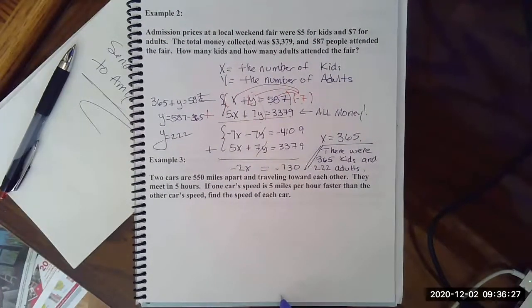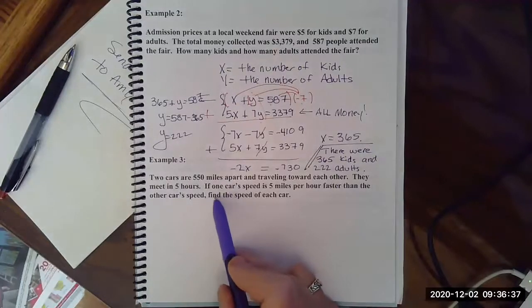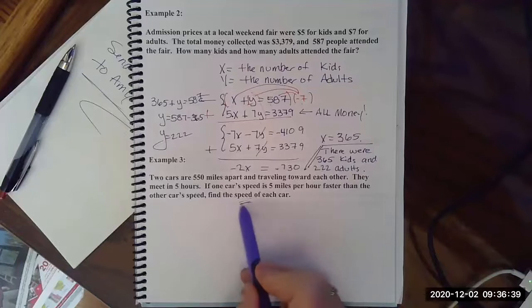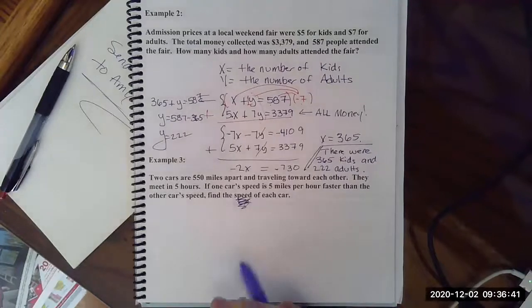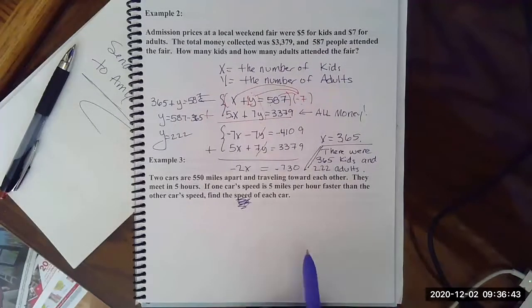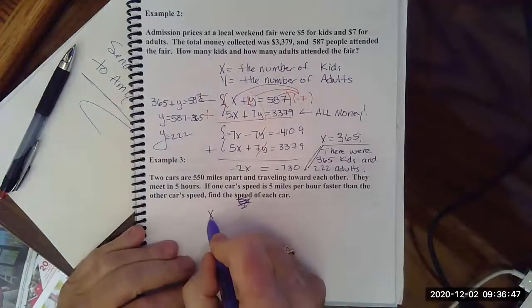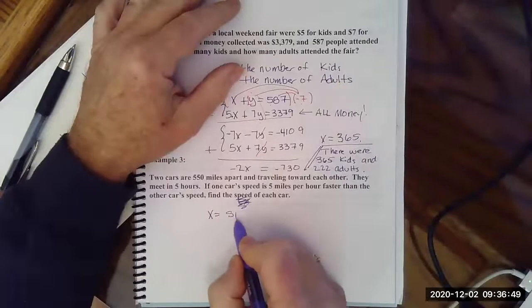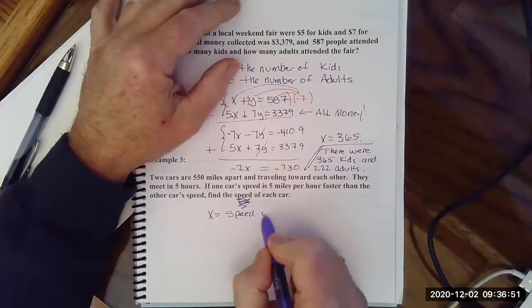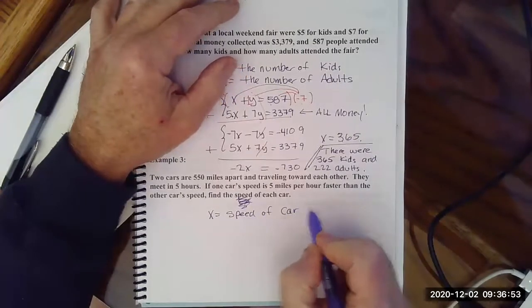All right, next example is the old distance, rate, and time kind of problems you might have heard or experienced in the past. Let's see. Find the speed of each car. Okay, x is the speed of one and y is the speed of the other, of car one.